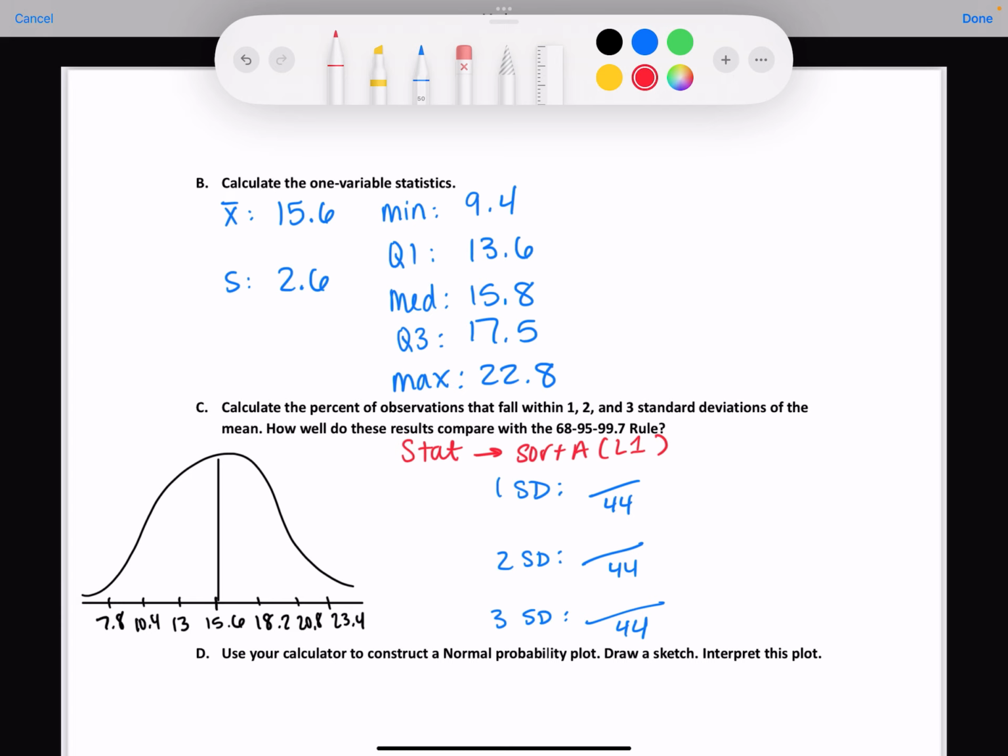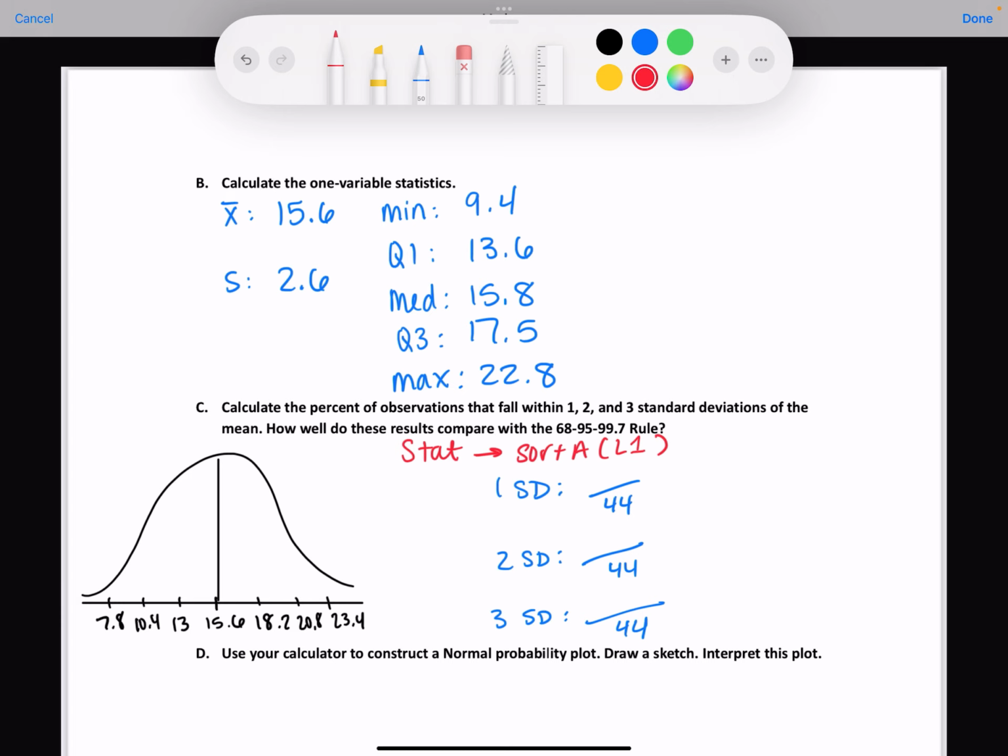Sort A means sort in ascending order. And then hit second stat to bring up the list and put in L1. And then it's going to come up and tell you that it's done. Okay. So then if you go back to stat, edit, your numbers are now in numerical order.